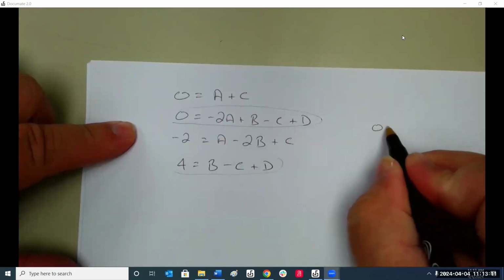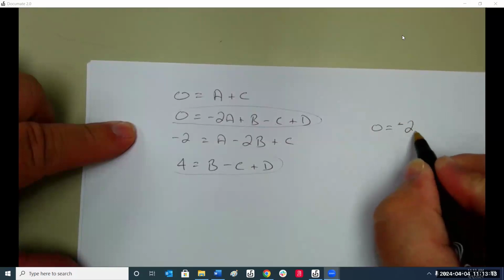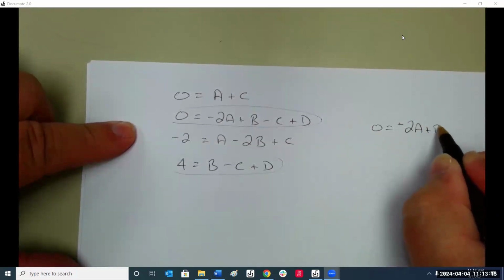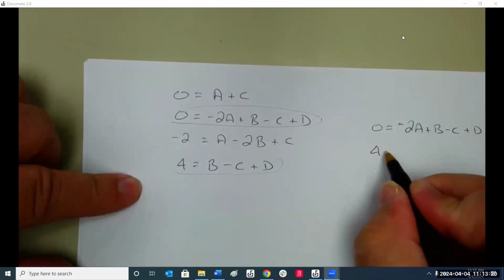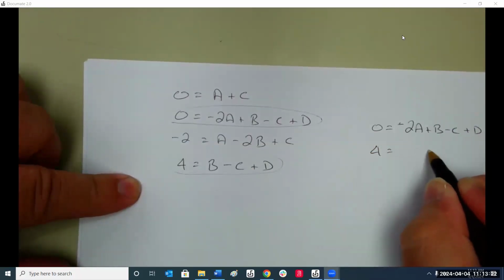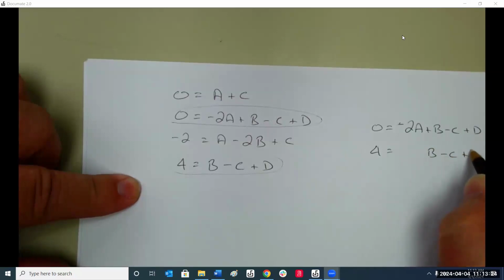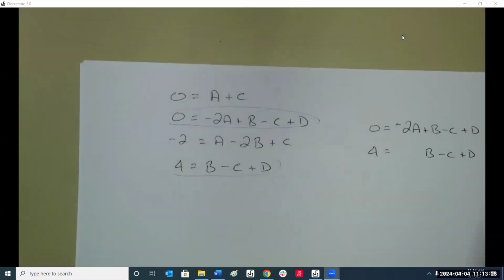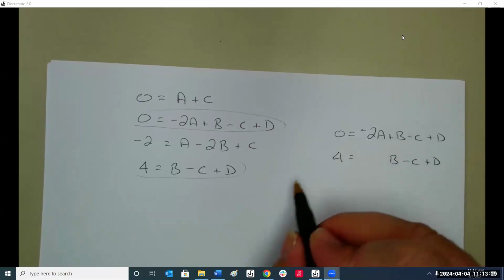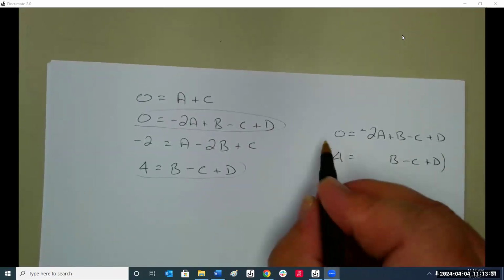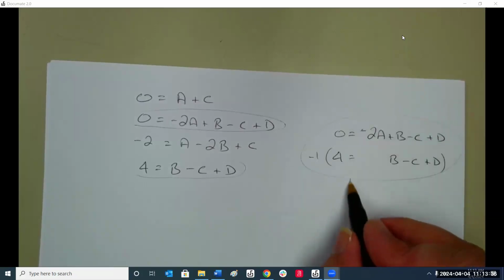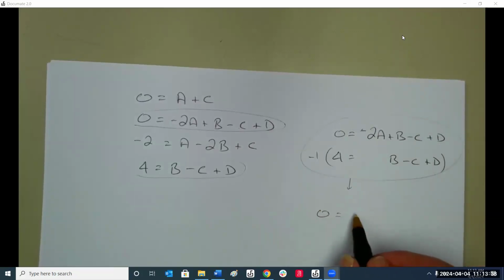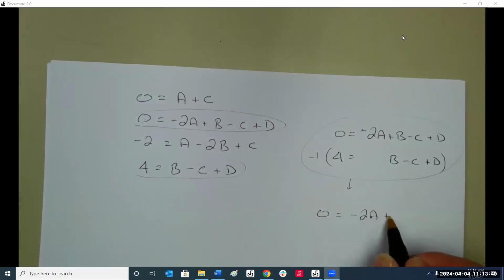So if we add those two together, well, let's subtract them then. If we multiply this one by -1, we get 0 equals -2a plus b minus c plus d.